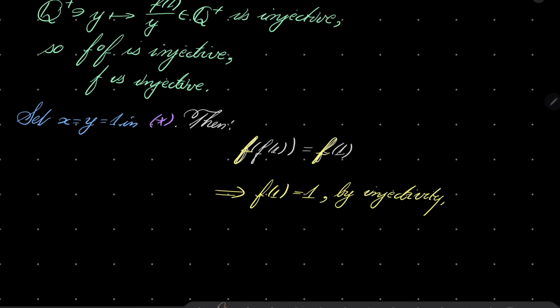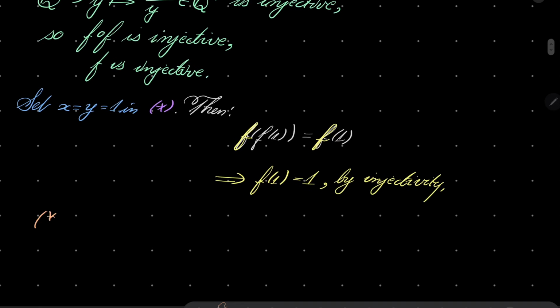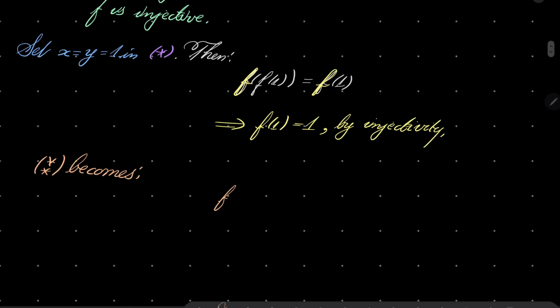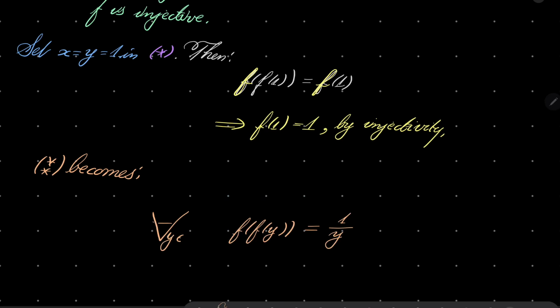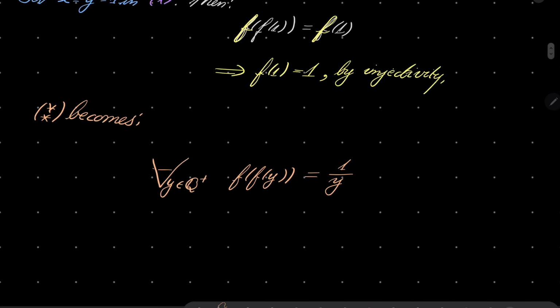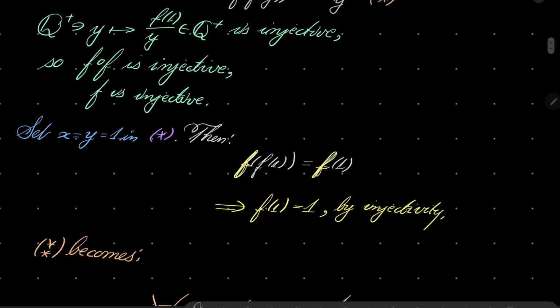Which means that this equation, which I will mark double asterisk, becomes the following: f of y equals 1 over y for all positive rational numbers. And I will mark this condition by a triangle.